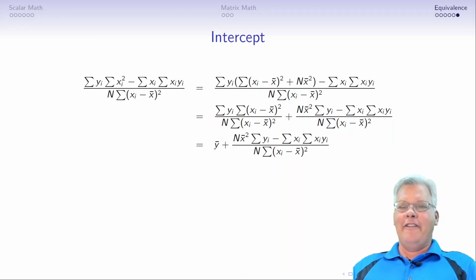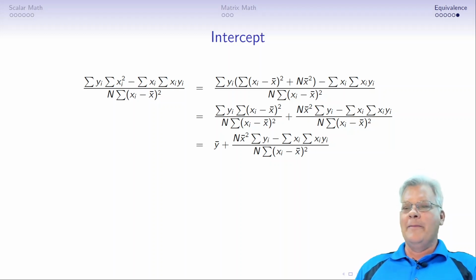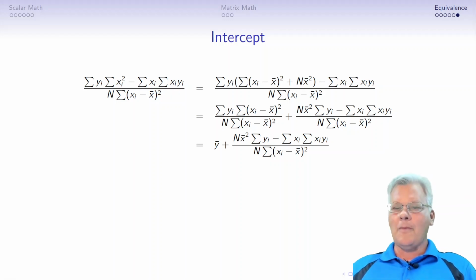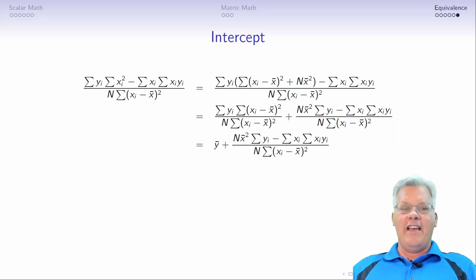So I have now in the second line the sum of y sub i times the sum of xi minus x bar quantity squared, and then I've shoved everything else to the right-hand side. In this first expression, you will notice I have the sum of xi minus x bar quantity squared in both the numerator and the denominator.